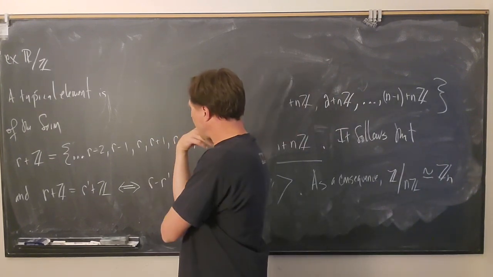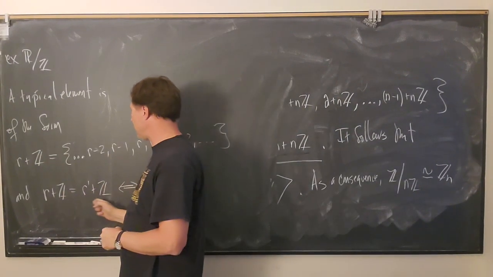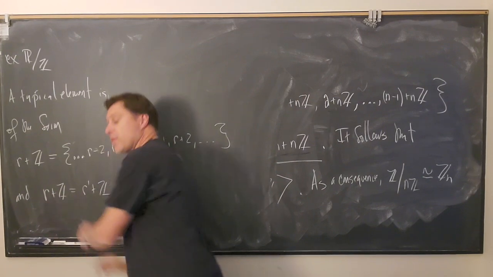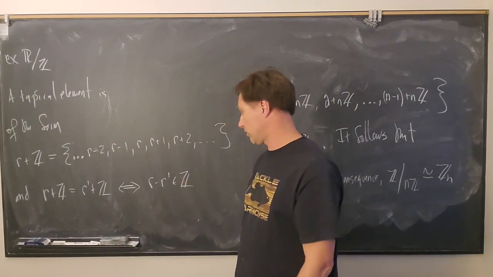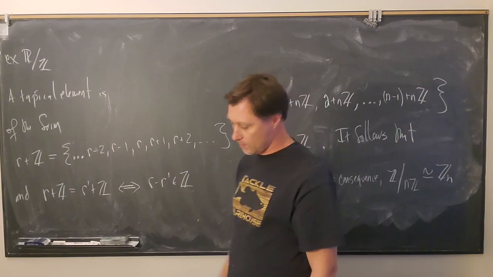Two cosets are the same if and only if the difference between their coset representatives is an integer. The difference needs to live in Z.